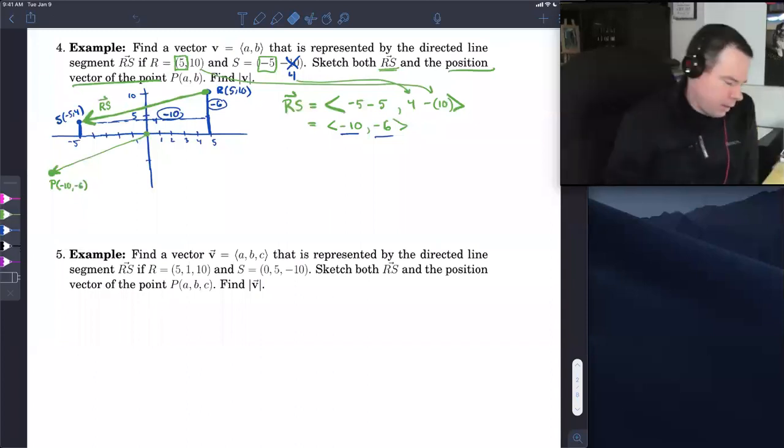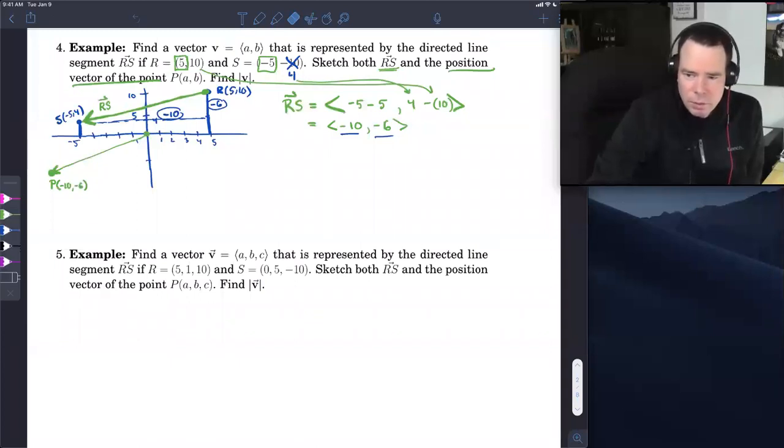We finished last day with a discussion about two-dimensional vectors and finding the vector that went from the tip of R to the tip of S. So this was 2 points in space, R and S, and we wanted to find the vector that went between them.